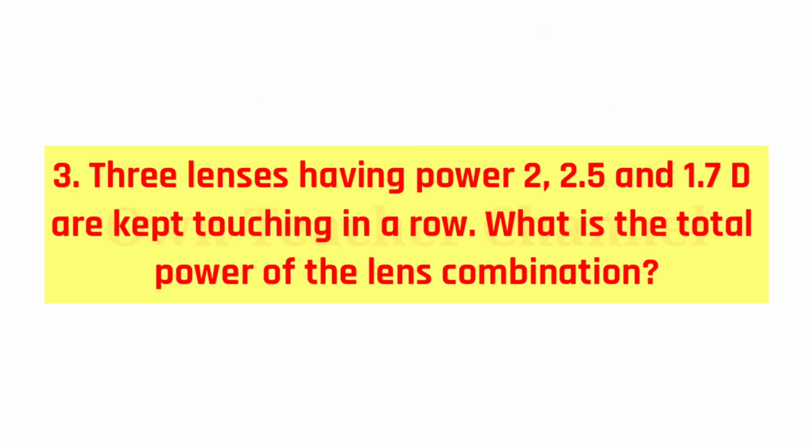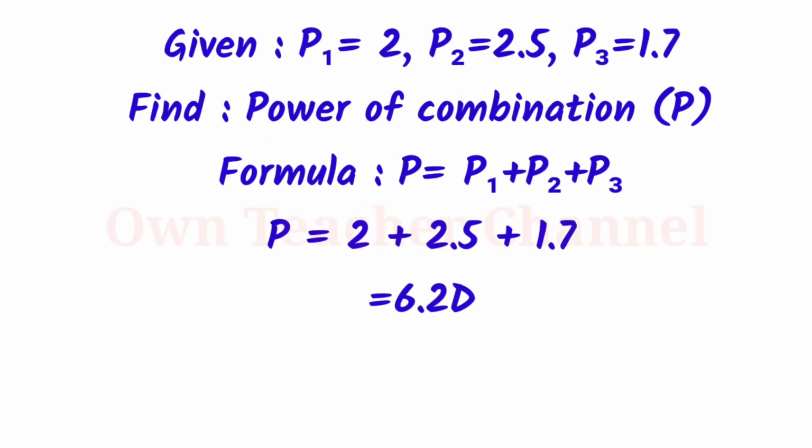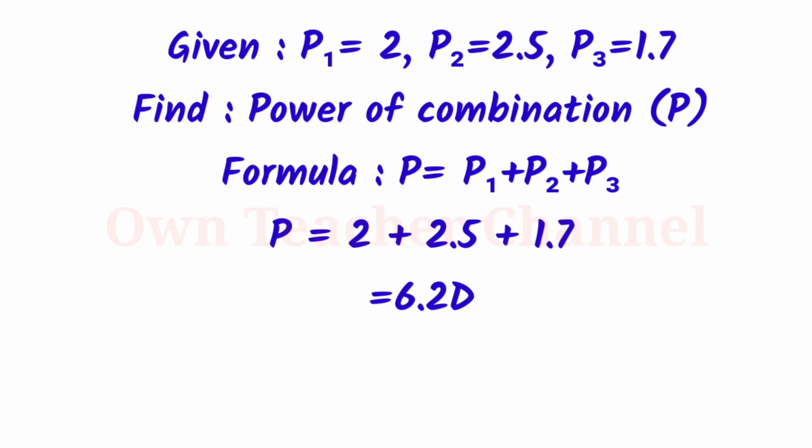Three lenses having power 2, 2.5 and 1.7D are kept touching in a row. What is the total power of the lens combination? In this problem, given P1 is 2, P2 is 2.5 and P3 is given 1.7.